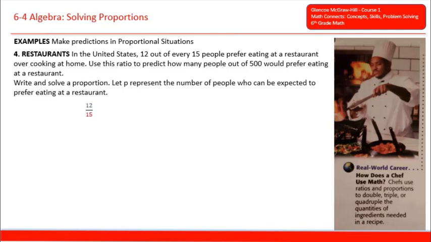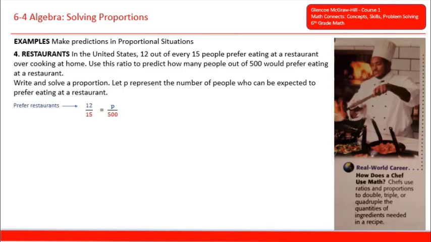So let's set up the proportion. 12 out of 15 people prefer eating at a restaurant. And we need to find something proportional where P out of 500 prefer eating at a restaurant.